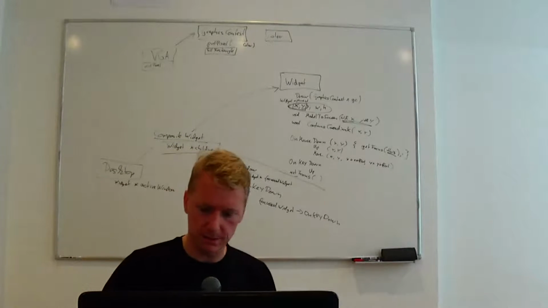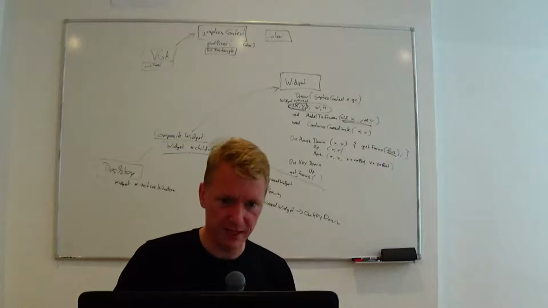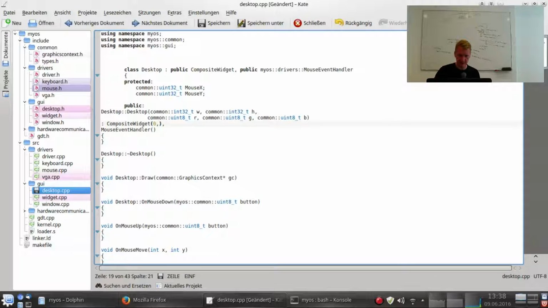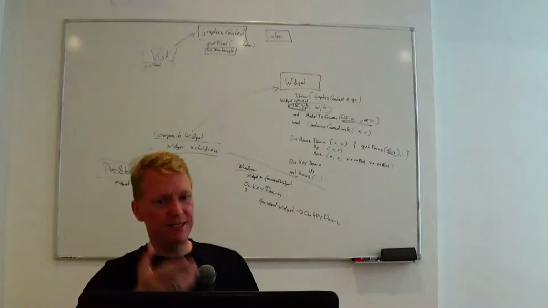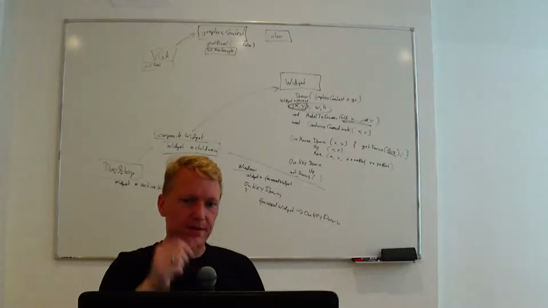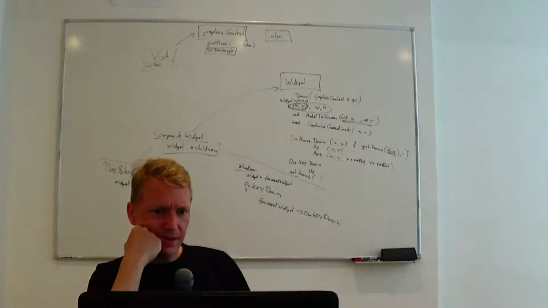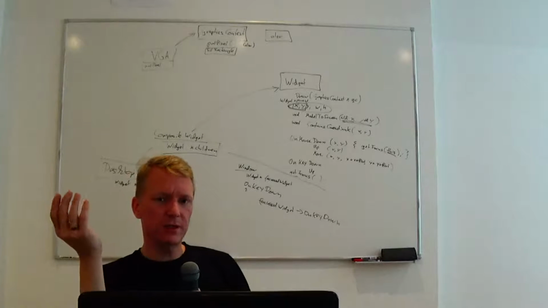Okay, so it will not have a parent. So this is 0. It will have x and y coordinates 0 because it's supposed to start in the upper left corner. I mean, yeah, you could do this actually.